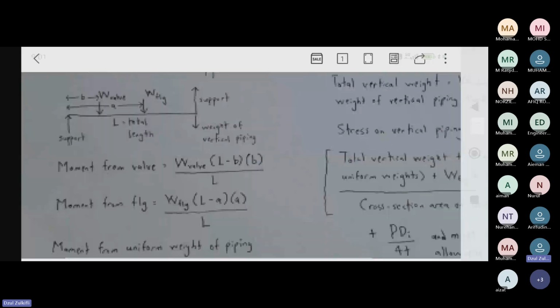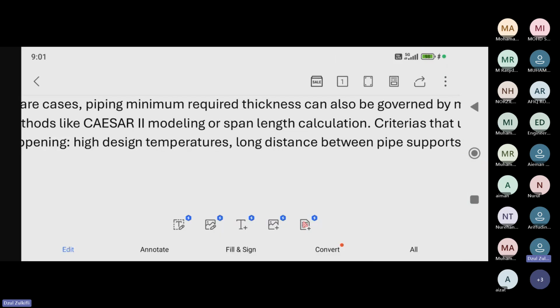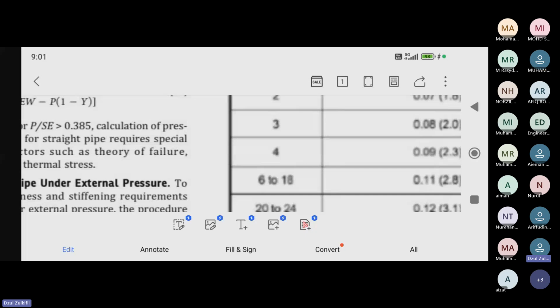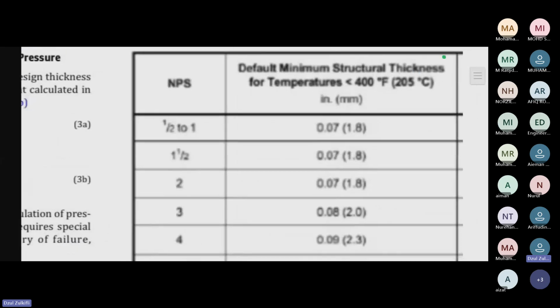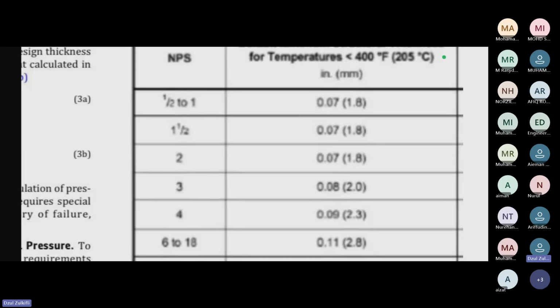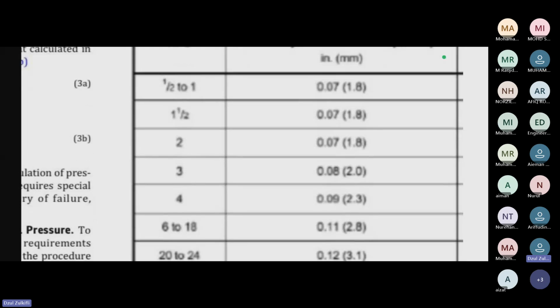Okay, actually there are two ways of evaluating whether piping is thick enough to support the weight of its valve or flange or some other thing on it. The simpler way, like what Cik Nurihan was saying just now, is to use the API 574 table. The 574 table is an easy rule of thumb where, depending on what size your piping is, you can see what thickness is required to support the weight.